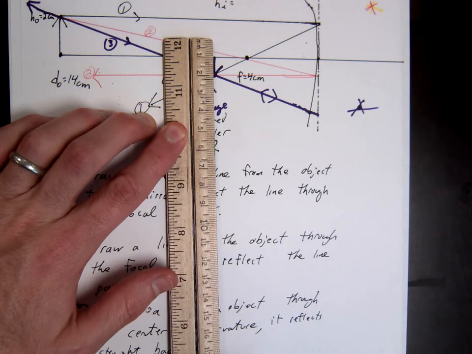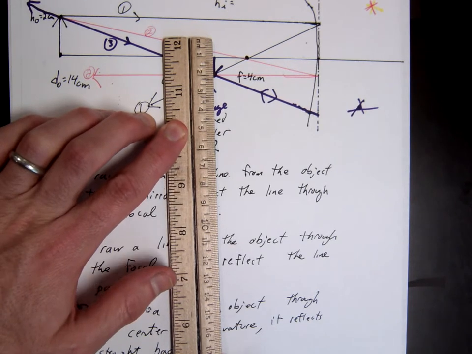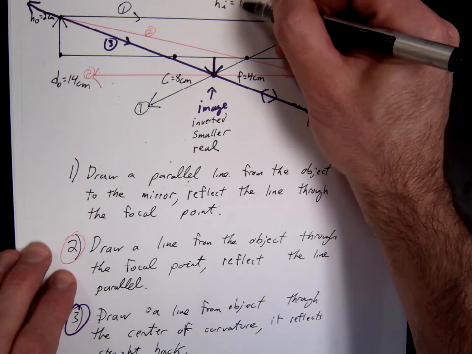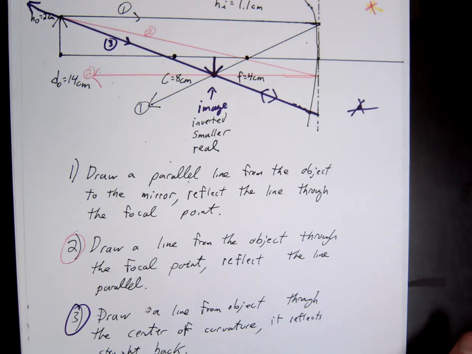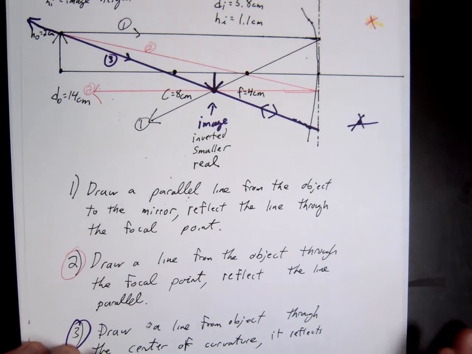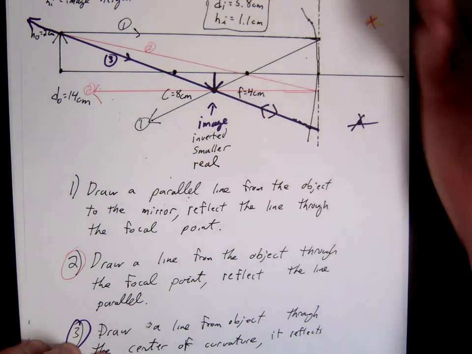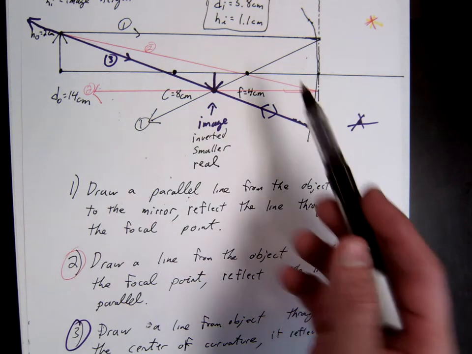Getting about 1.1 maybe. Let me go with 1.1. Hopefully you're in that ballpark. 1.0, 0.9, 1.2, 1.3-ish, something like that. So we're going to find out in about a minute who's right, or which one of us drew these the best. Okay? All right, any questions on where we're at right now?